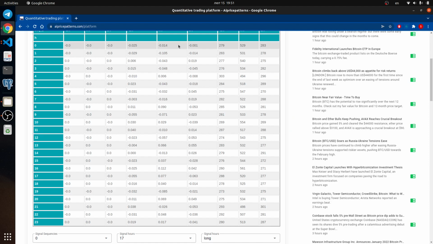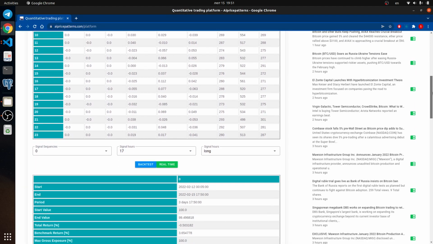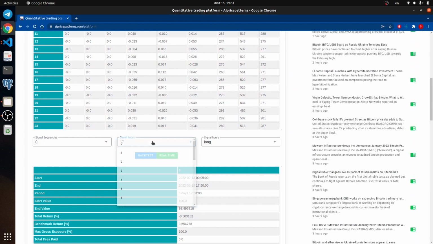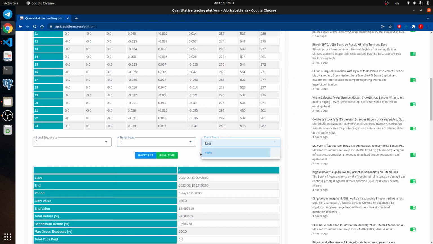and for example I would like to test using the web interface. I would like to short position at night. Okay, open a short position.